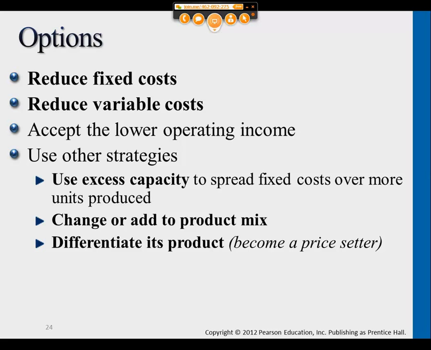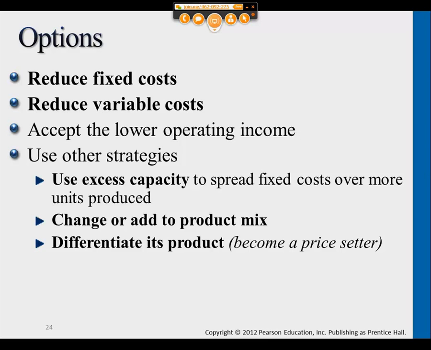What are they? We can use excess capacity. That's going to let us spread some of the fixed cost over more units produced, right? The more I produce, the more I can spread that cost. I can also alter my product mix.